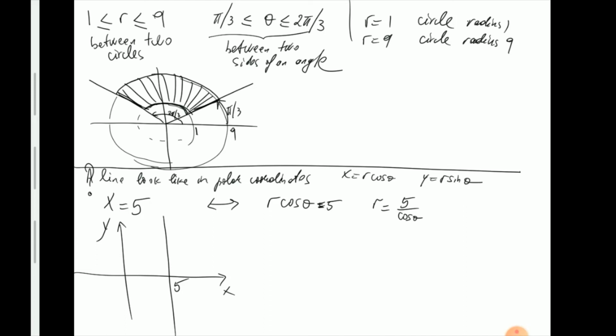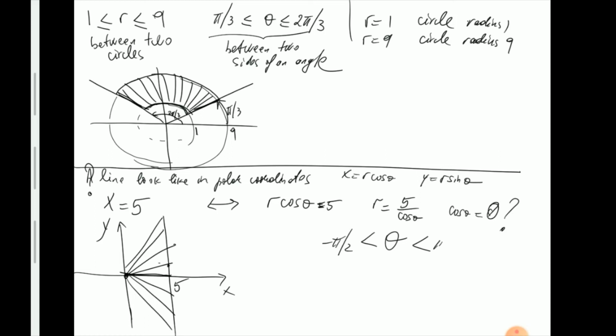And you may wonder, well, what happens if cosine of theta is equal to 0? Can it be equal to 0? It cannot be, but what happens if it's close to 0? Well, if you look at how the polar angle looks for different points on the line, you notice that theta varies between minus pi over 2 and pi over 2, but not equal at the endpoints.